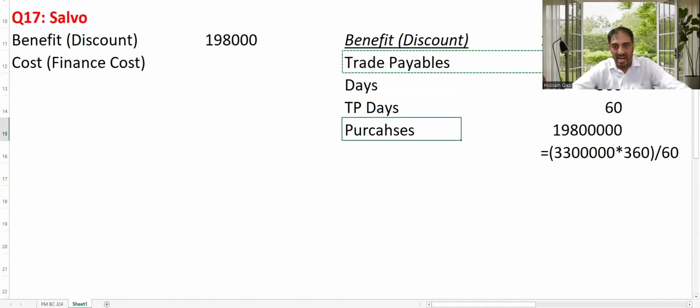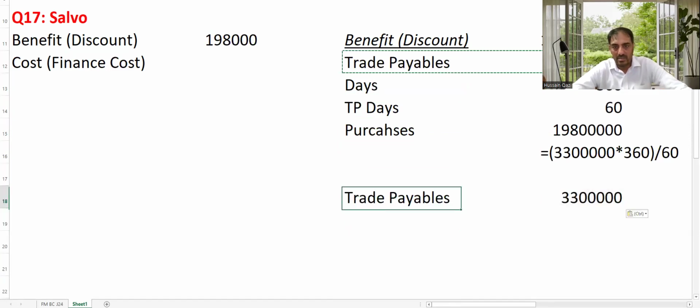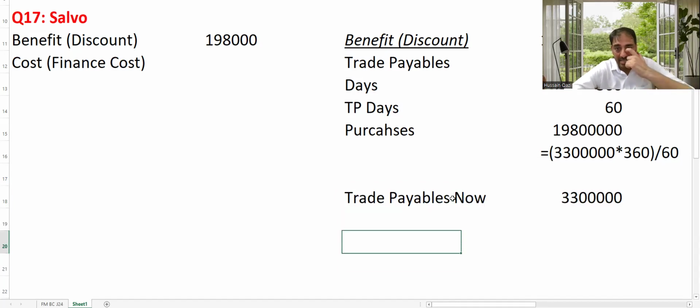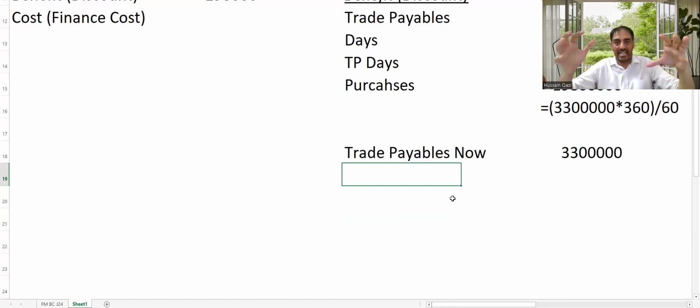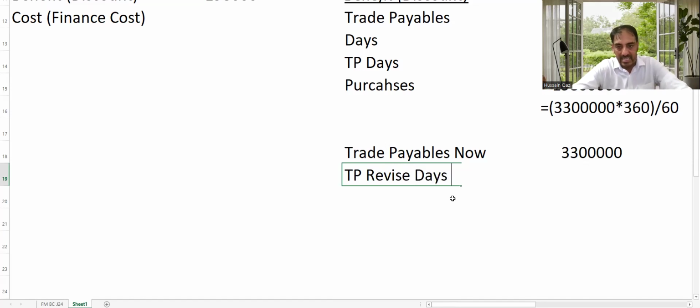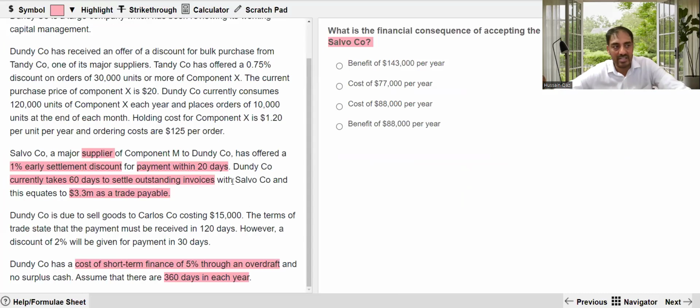That is trade payable now. If we accept the discount offer, our days are reduced, our trade payable decreases, and we have to arrange working capital finance from the bank. The revised trade payable days are given as 20 days.